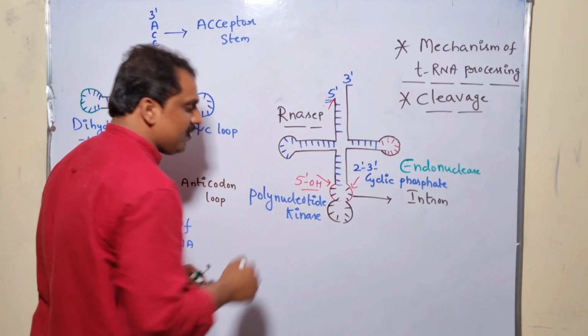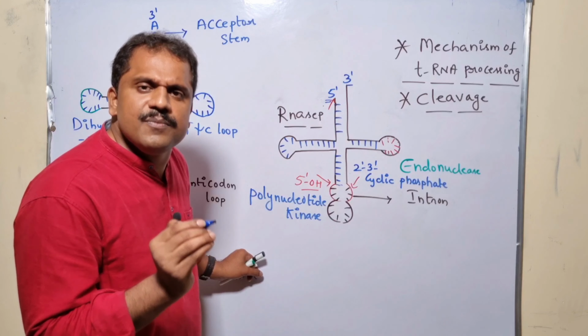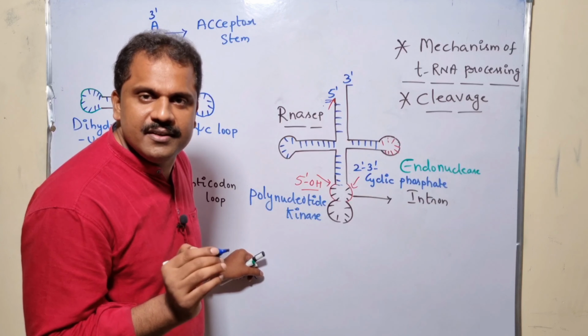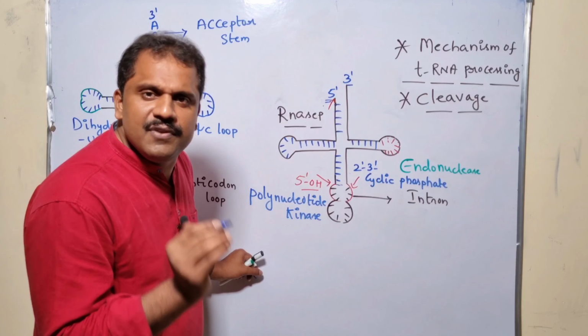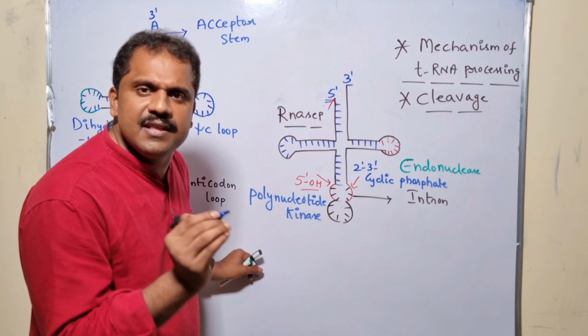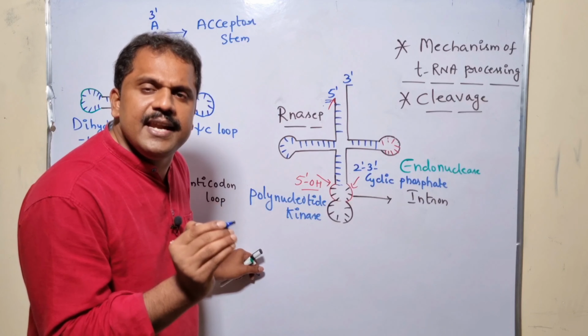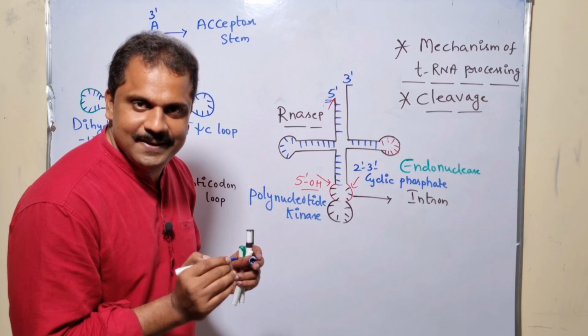As we all know, kinases are the specific enzymes which are most commonly responsible for inducing the phosphate moiety. So here the specific polynucleotide kinase successfully cleaves the unusual hydroxyl group which is in association with the 5' terminus, and here it replaces it with what? The phosphate moiety. Is it clear?